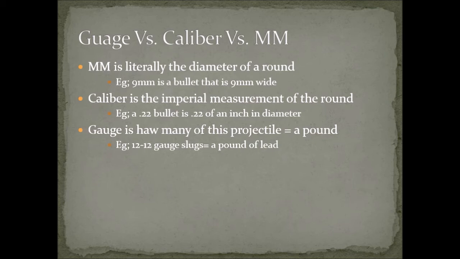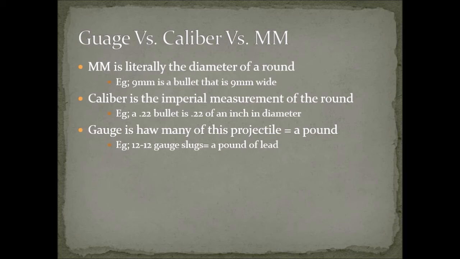So a .223 bullet, which is just larger than a 22, it's 22 and 3/1000ths. .223 is pretty small. In NATO measurement, that's 5.56 millimeters. Okay, so a 223 is the same size as a 556.